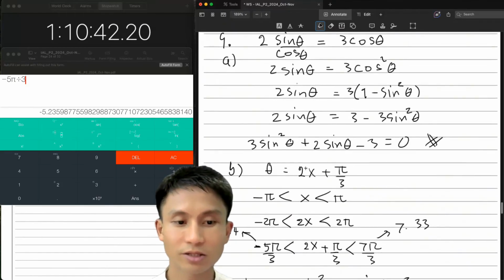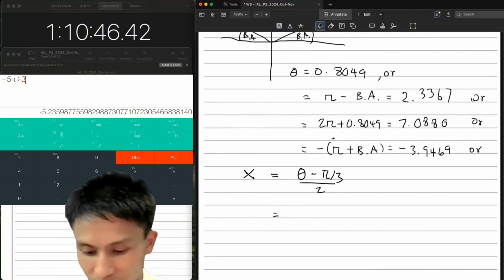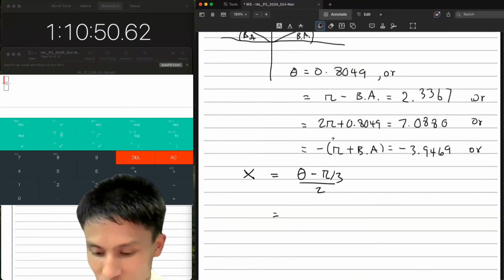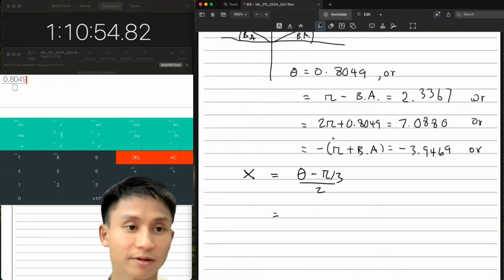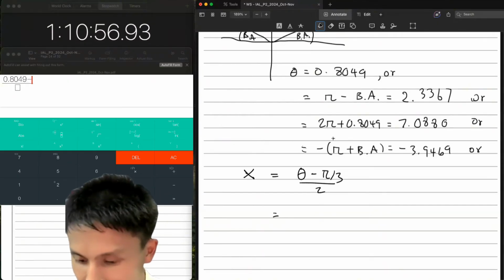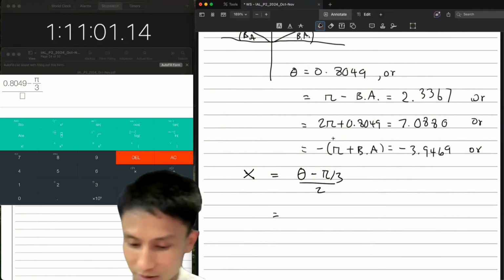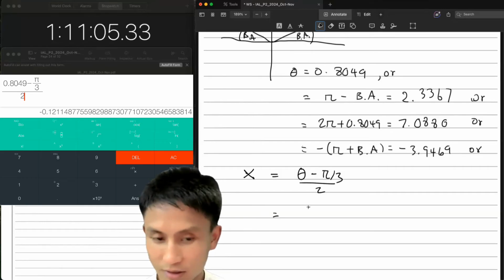Just rearranging this. So I'm just going to go from the first one. We can just do 0.8049 minus, I'm going to keep the same thing here and just change the first number there. All right, so this is the answer for the first one.